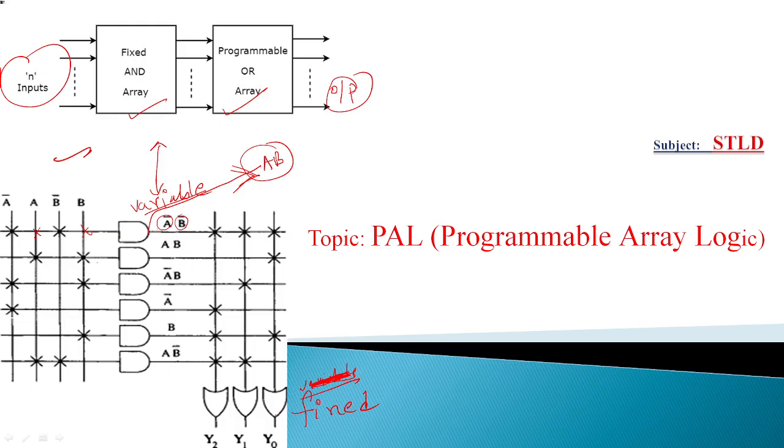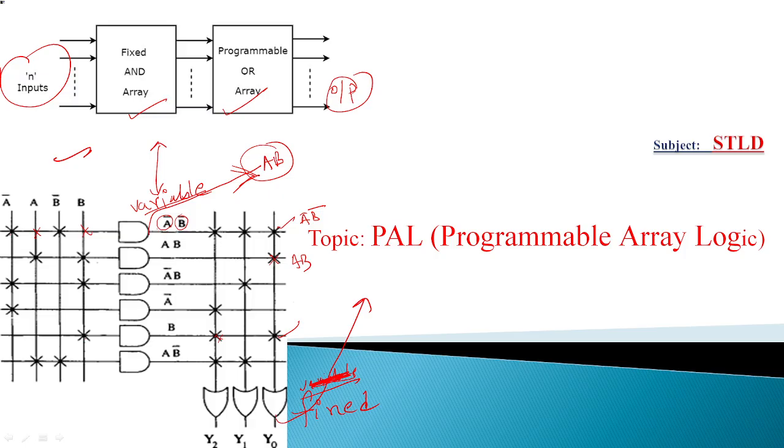What is the output for Y0? For example, in this diagram you can see the Y0 output: this is A bar B bar, and here also a wire connection is there. This is AB, and this is A B bar, and B only is there.